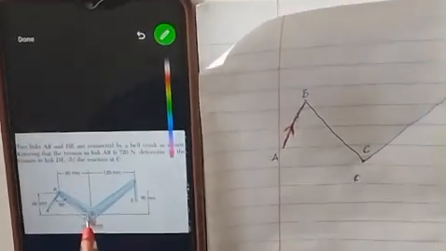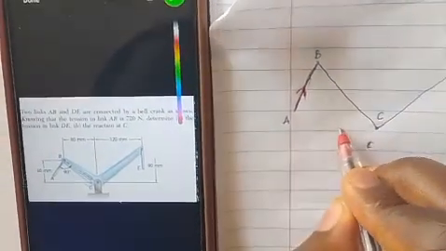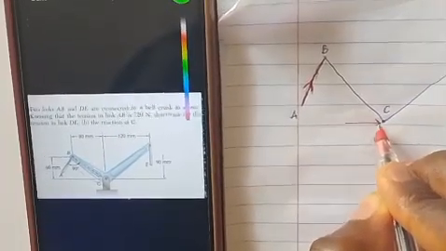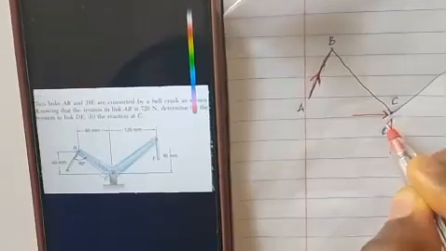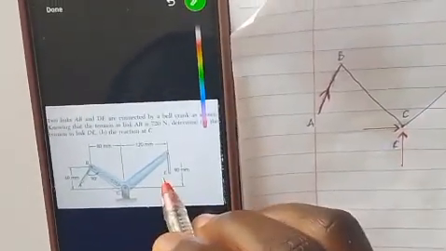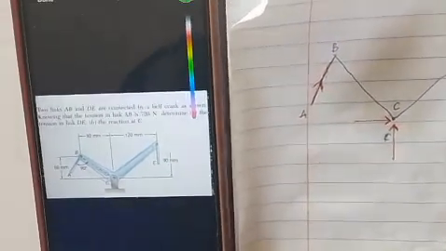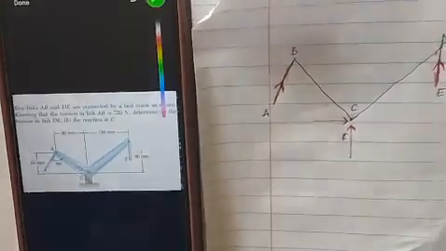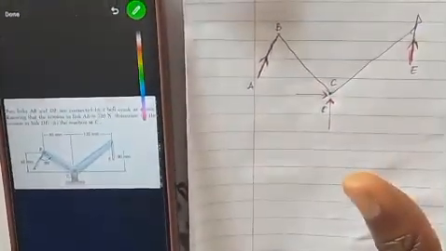That means we are having two reactions at this edge, one in this sense, the other in this sense. Then we are having a tension in this D, so that means we are having a tension here.